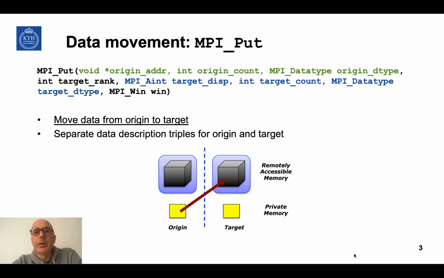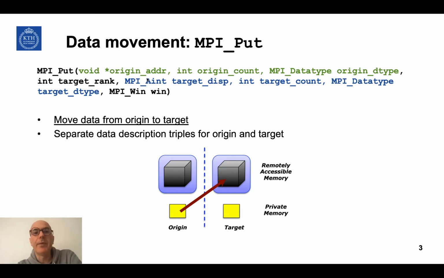So the main operation to write to remote memory windows is called MPI_Put. MPI_Put moves data from an origin process to a target process. The description of origin and target data layout is provided by triplets. So for the origin data and process, we provide a pointer to the variable, the array that we want to send, how many, so the count, and then the data type of this array.